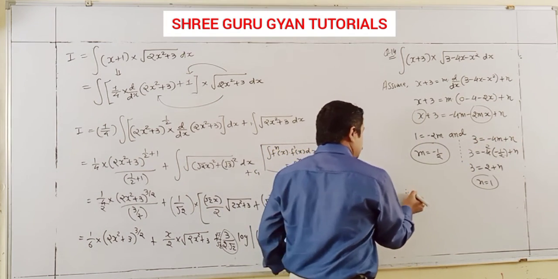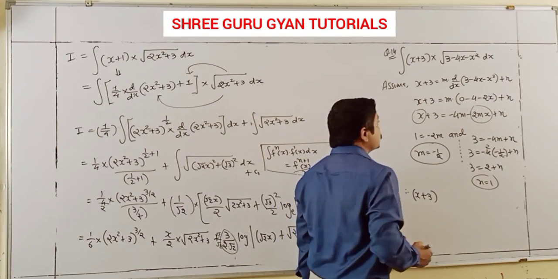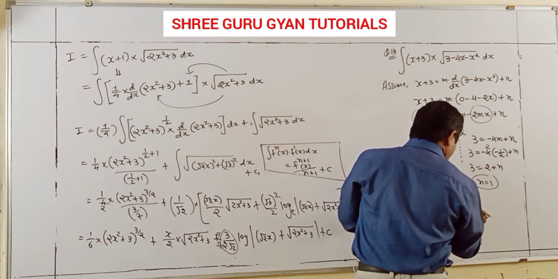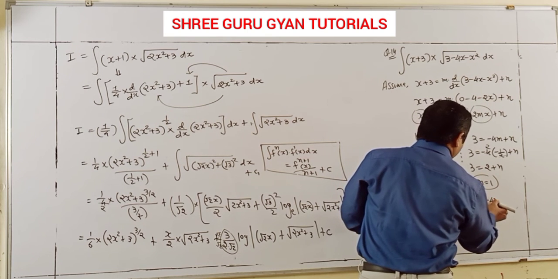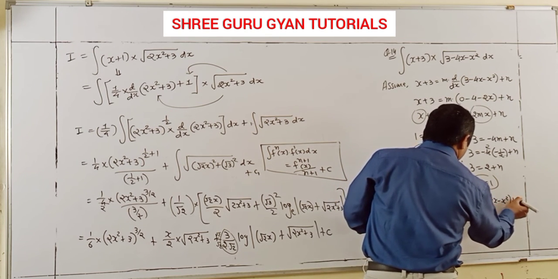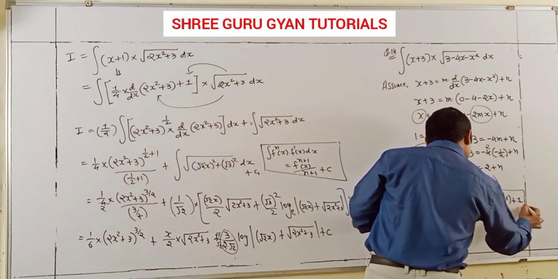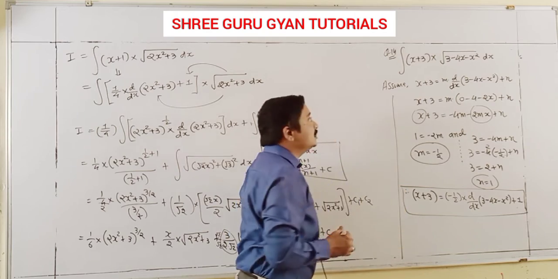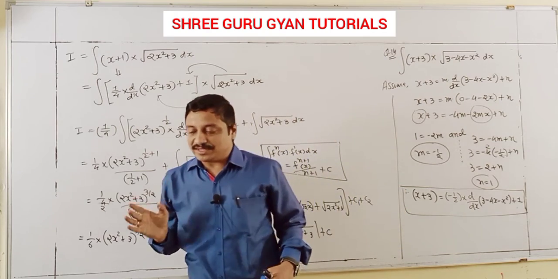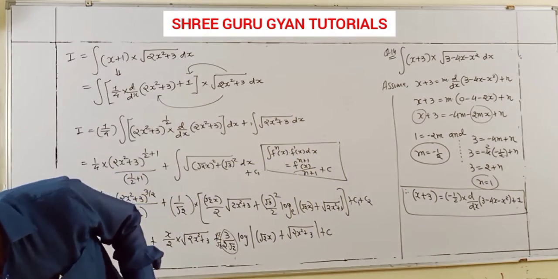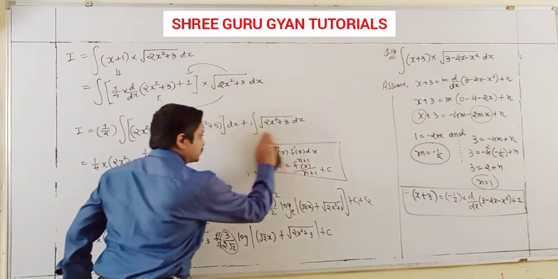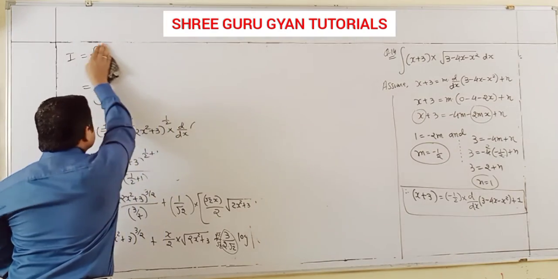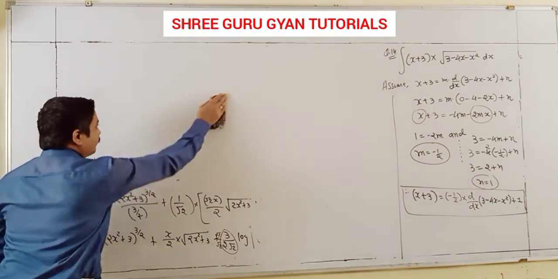It means x plus 3 is minus half d/dx of (3 minus 4x minus x square) plus n, which is 1. This is the full data. Now you start the integral solution, and I can create my solutions very easily. But the main point is that students define m and n.